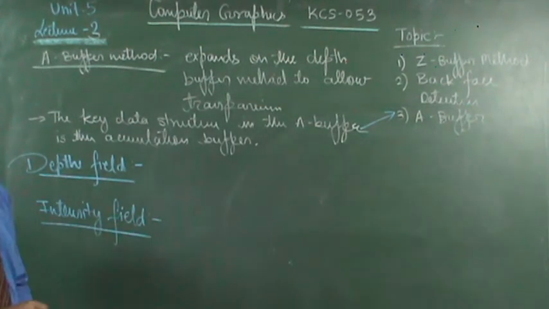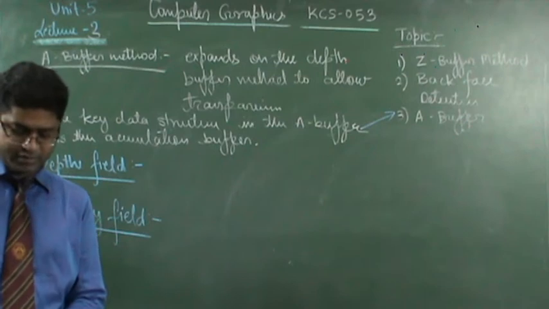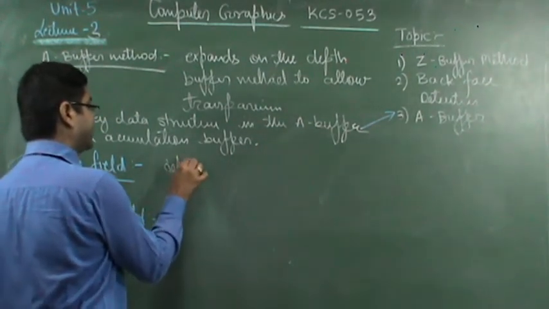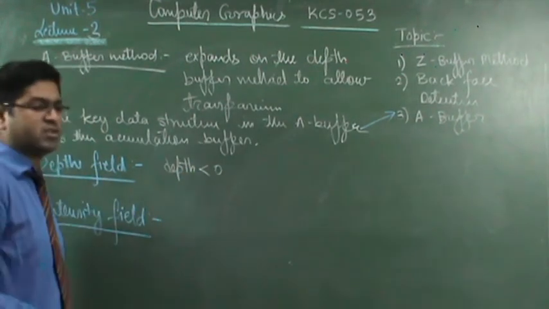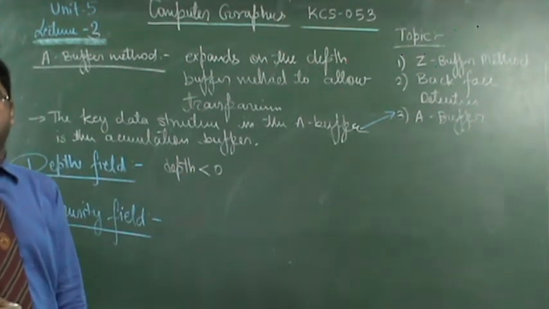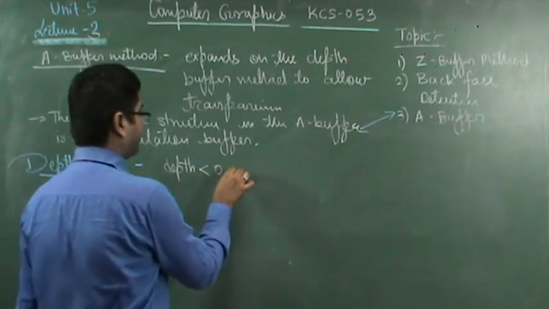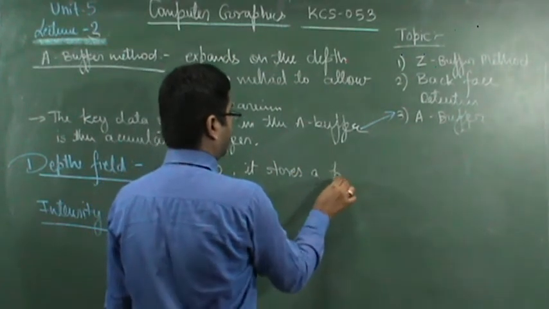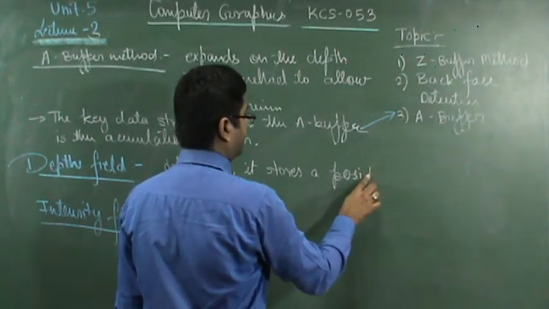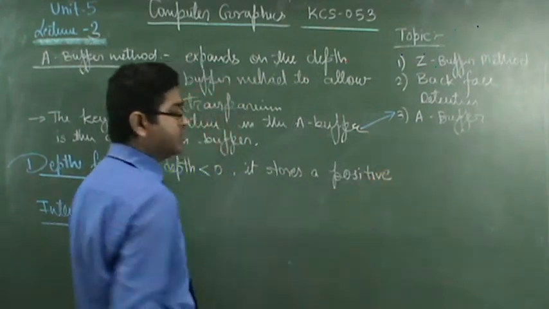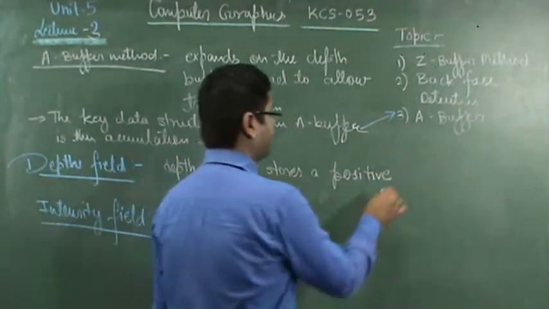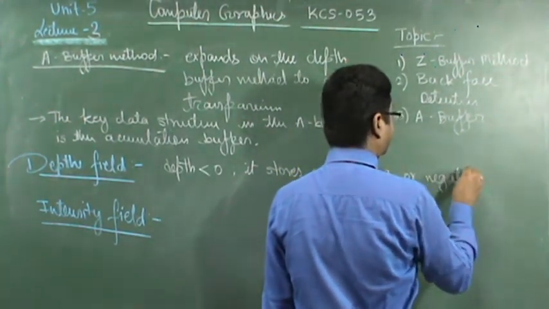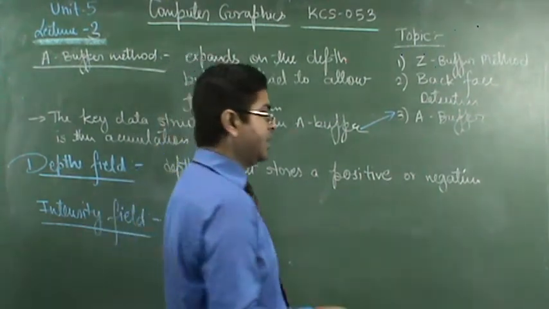Differentiating with each other, how the illustration part is done on both sides, like how the depth less than 0 and how this surface works, because it stores a positive or negative real number.